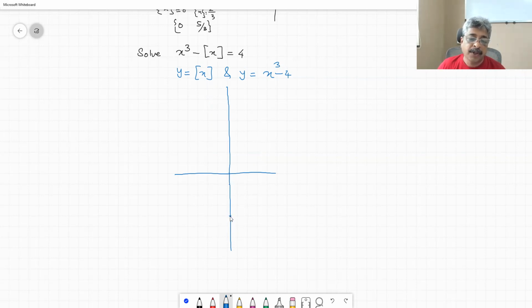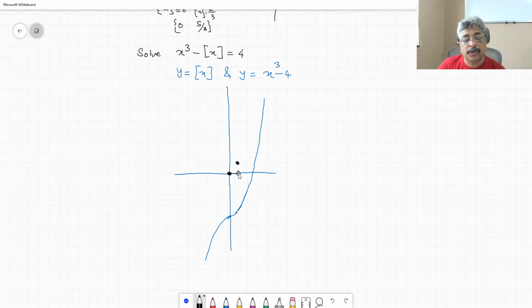Right now we need to do a rough graph. And it will go like this, steep. Eventually you have to find out what exactly is the intersection. Now this is 1.